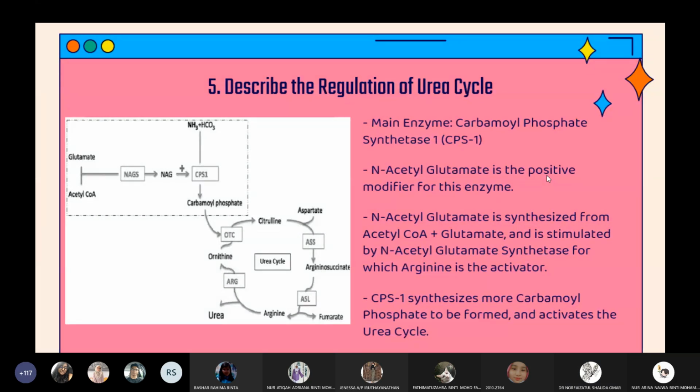I'm not sure. The regulation is by the main enzyme, okay. All that you explained is correct. Is there anything other than that? Any other condition that can cause the urea cycle to be activated or inhibited?